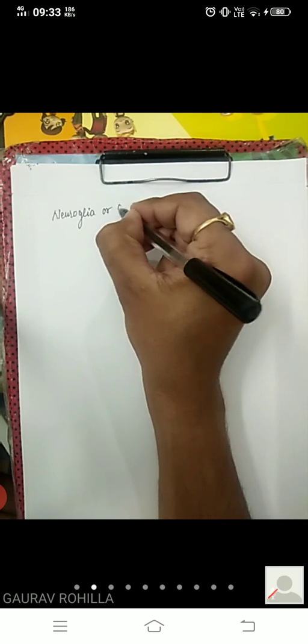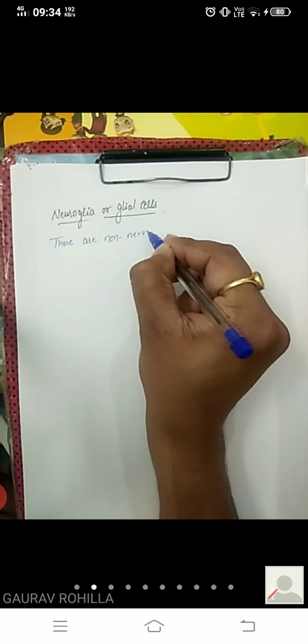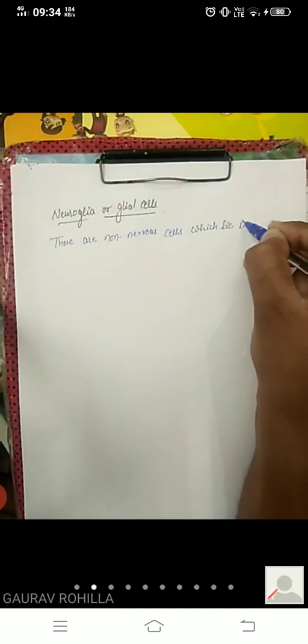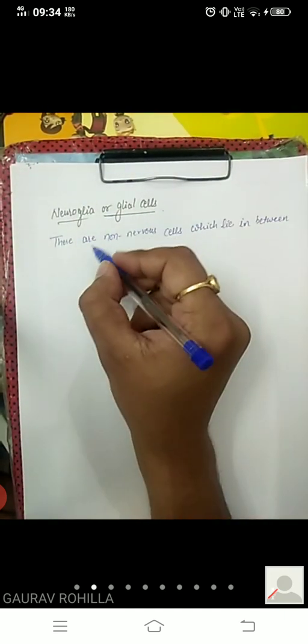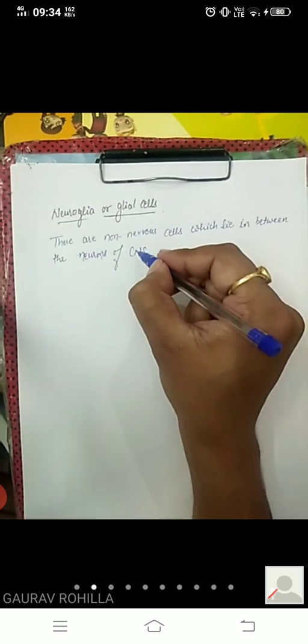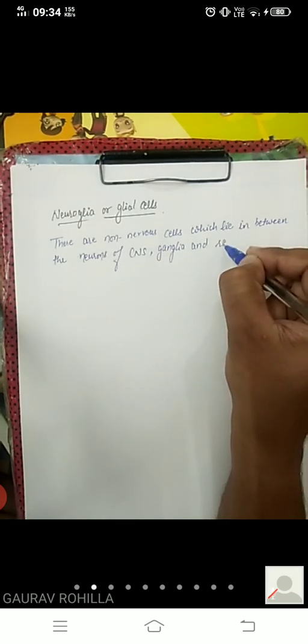Now, neuroglia or glial cells. These are non-nervous cells which lie in between the neurons of the central nervous system, ganglia, and retina of the eye.